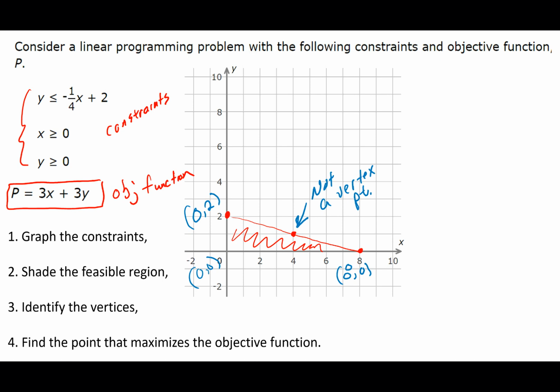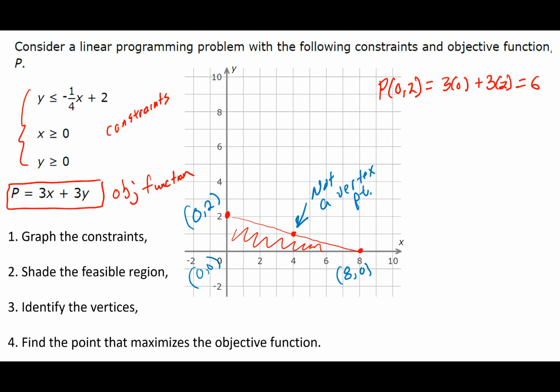So now I need to do step 4, which is finding a point that maximizes the objective function. So now I can start putting these vertices into the objective function and figure out which one's the biggest. If I do P of 0, 2, that's going to be 3 times 0 plus 3 times 2.